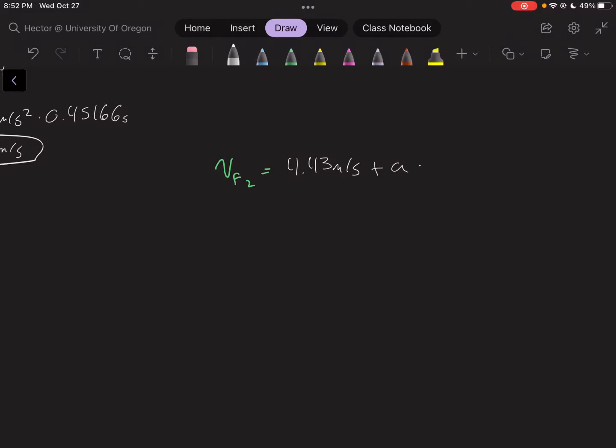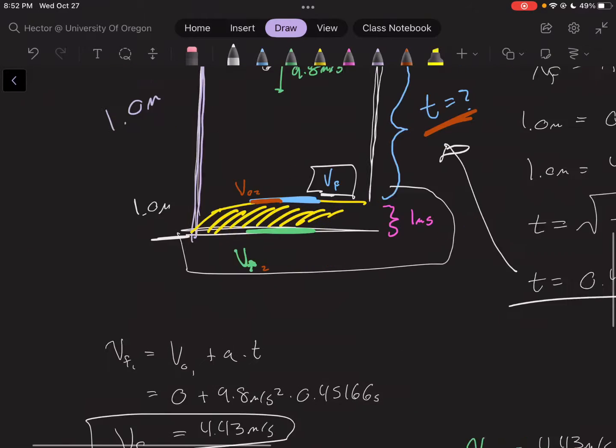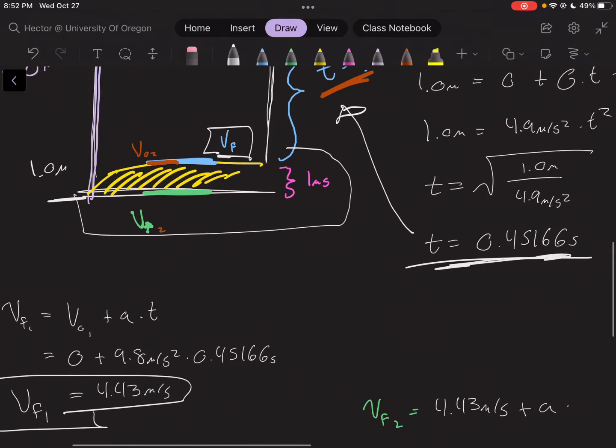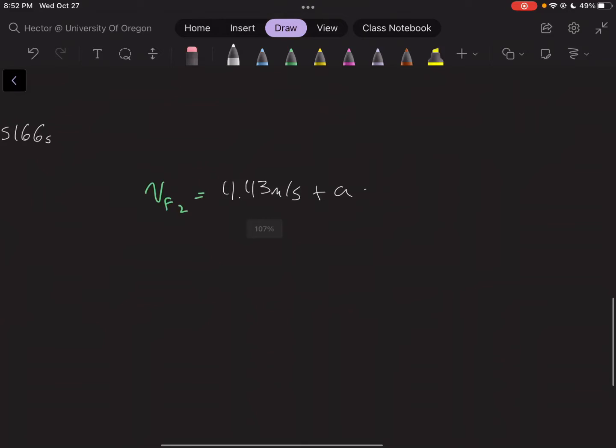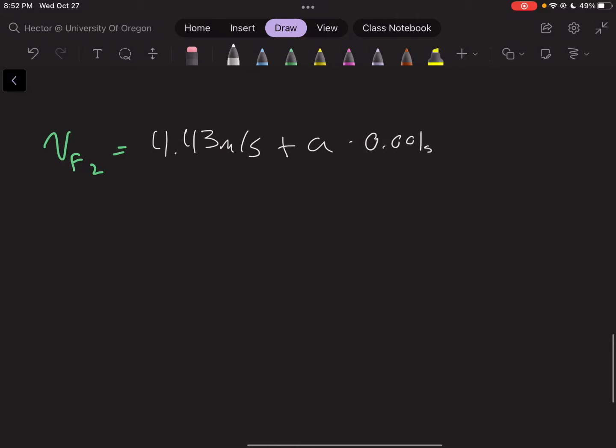Now we're not looking at it for the 0.4516 second period, we're looking at it for this 1 millisecond of time. A millisecond to a second is 0.001, and now we can solve this out, knowing that this is 0, for a.